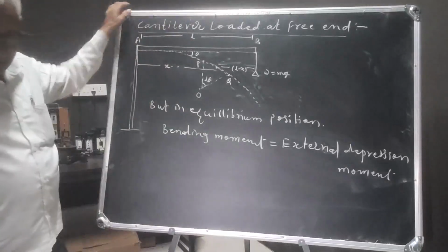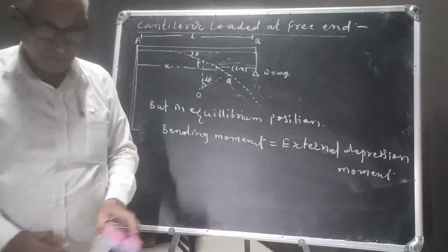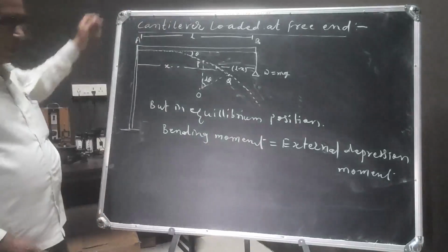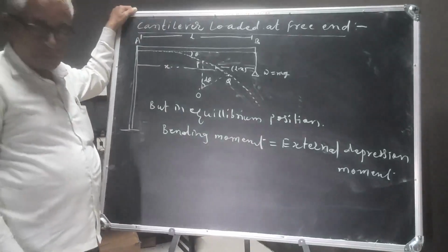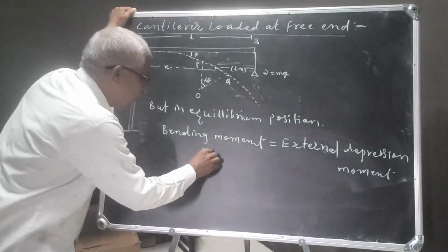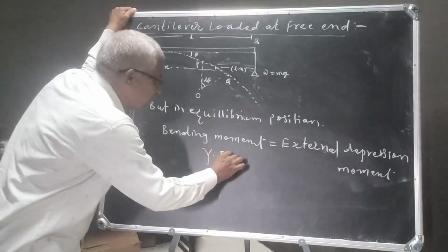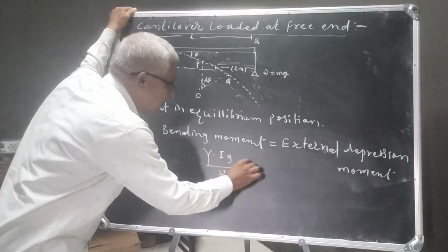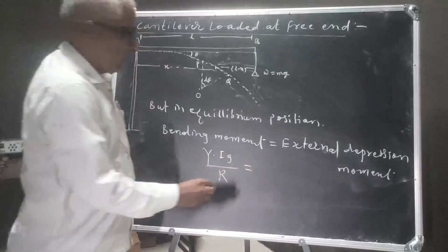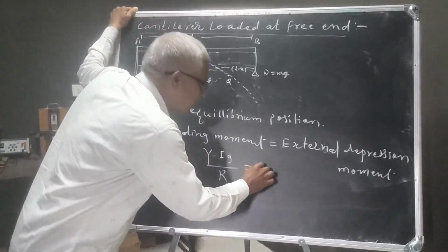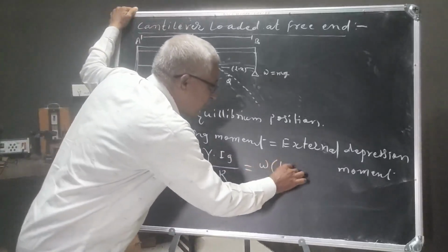And we know that the bending moment, which we have calculated in the previous period, is given by Y into I_g divided by R. It is equal to the external depression moment, that is W into (L minus x).